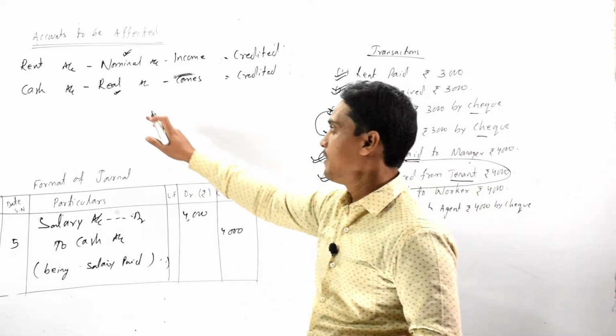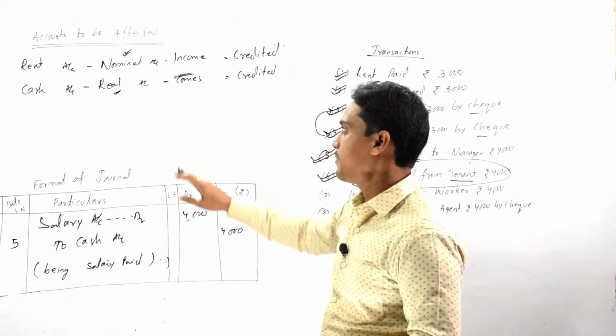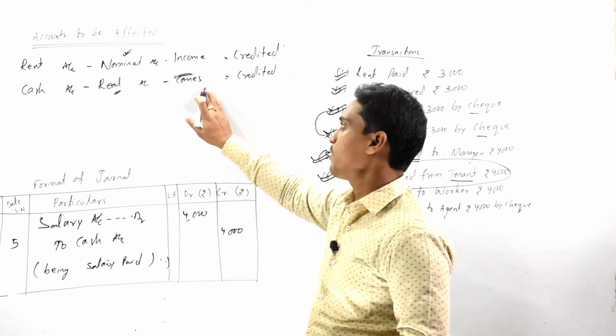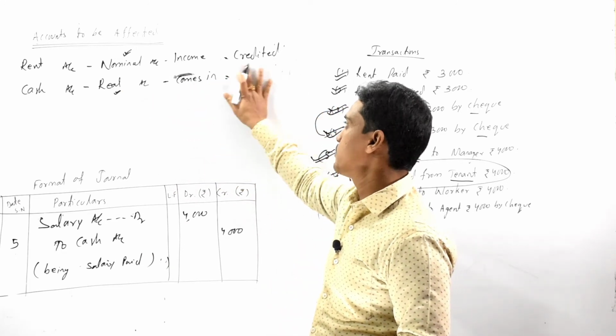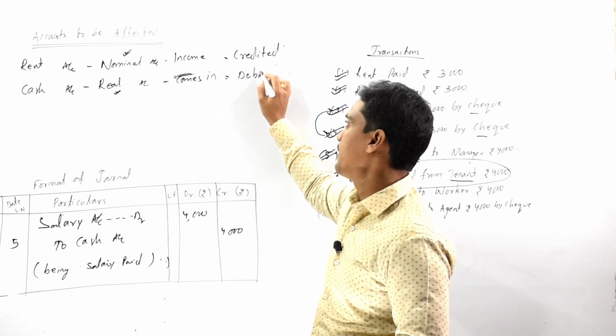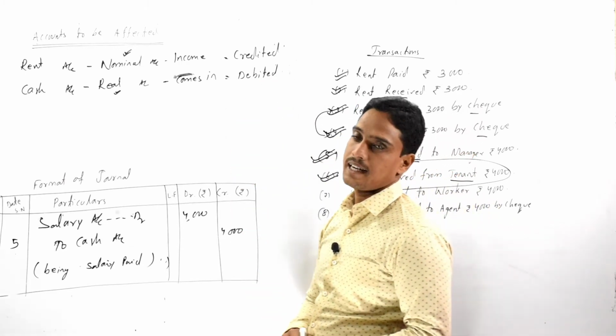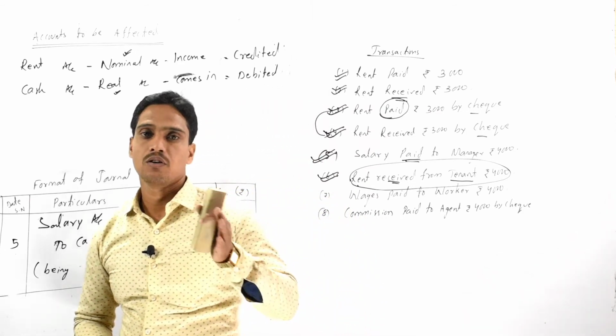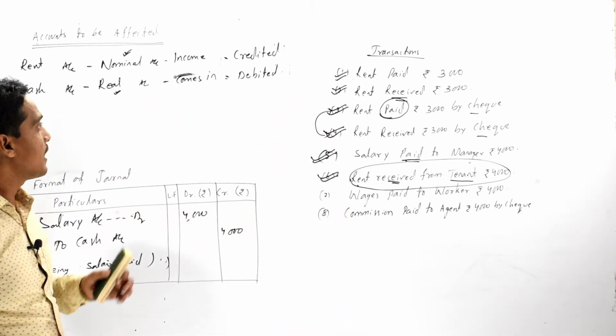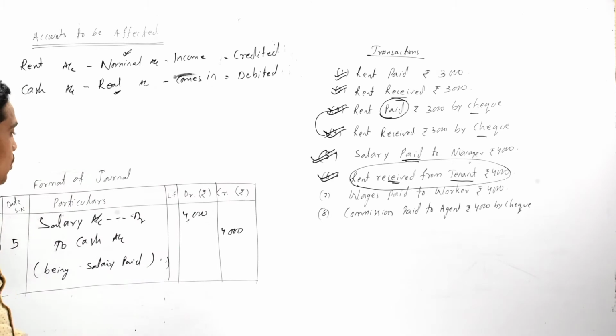Similarly, in case of cash account, as it is a real account and comes in, it should be debited according to our real account rules, that is debit what comes in and credit what goes out.